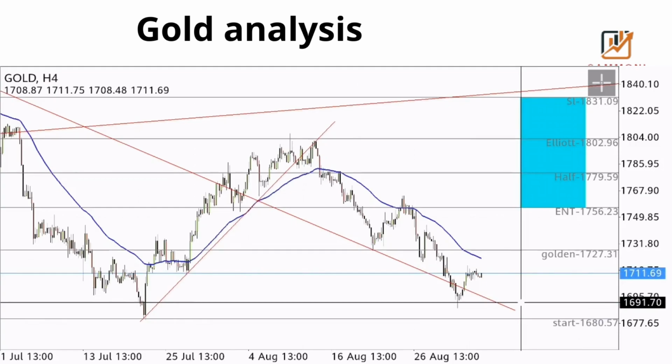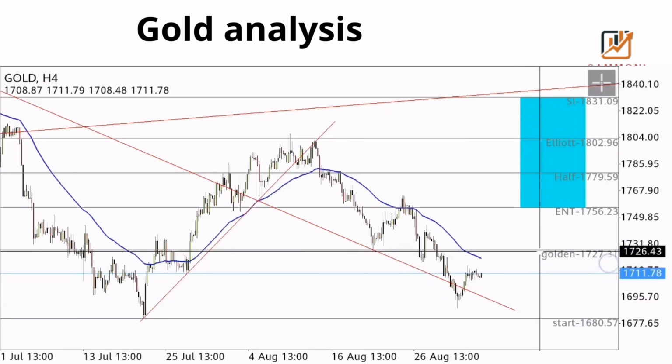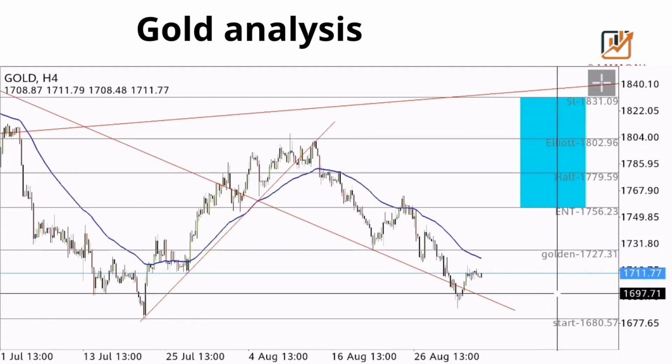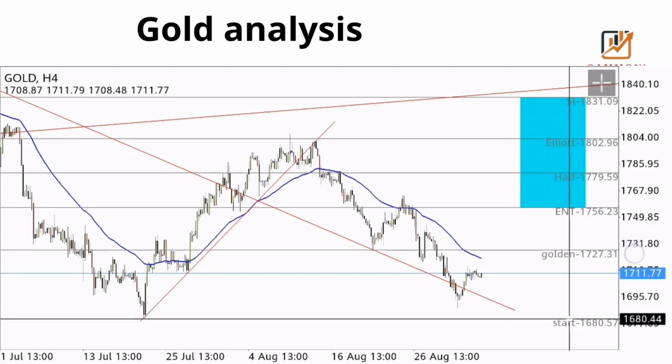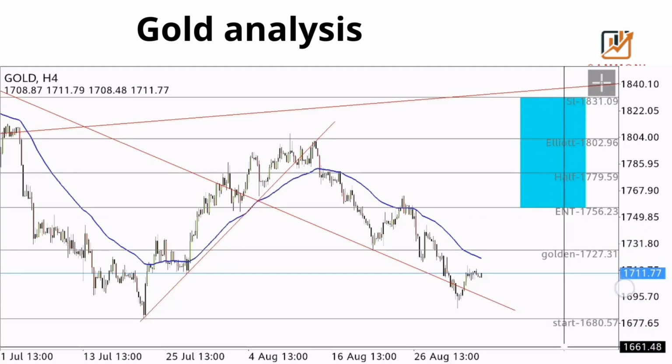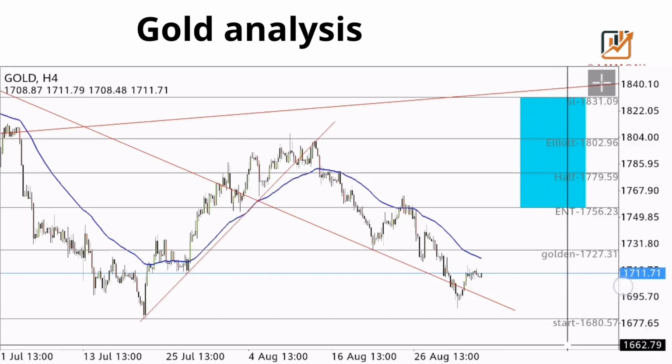So overall the trend is bullish, and the market can show some strong bullish move toward 1727 as the first target. Otherwise breaking the 1690 level will push the price toward the 1680 and 1650 levels as the next targets.